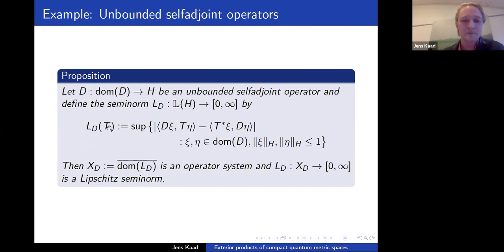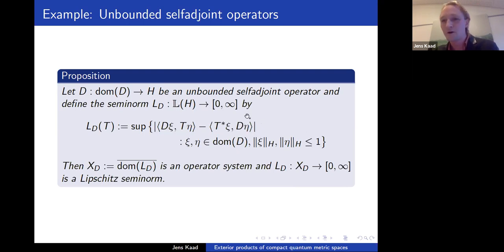If you apply it to an operator T, it has to give you a positive number or infinity. To find that number, I take the supremum over all elements in the domain such that the Hilbert space norm is less than or equal to 1. And then I take the supremum of the absolute value of the difference of two inner products: the inner product of D psi with T eta, minus the inner product of T adjoint psi with D eta.